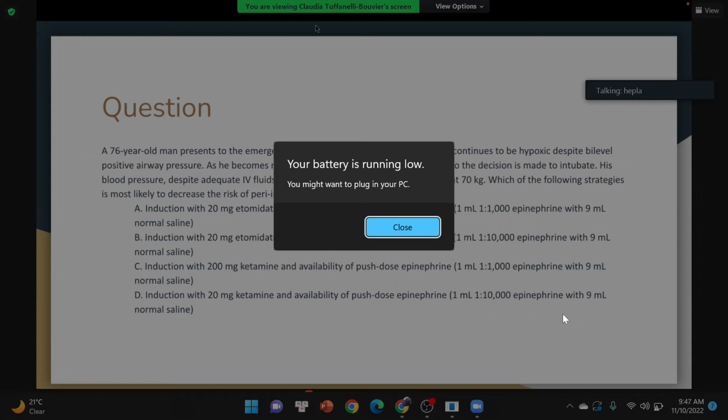It can affect the patient's respiratory rate and they can get worse hypoxemia. And with ketamine we don't want to lower the blood pressure. So we can use this ketamine and we'll be careful using it with epinephrine to prevent peri-intubation cardiac arrest.